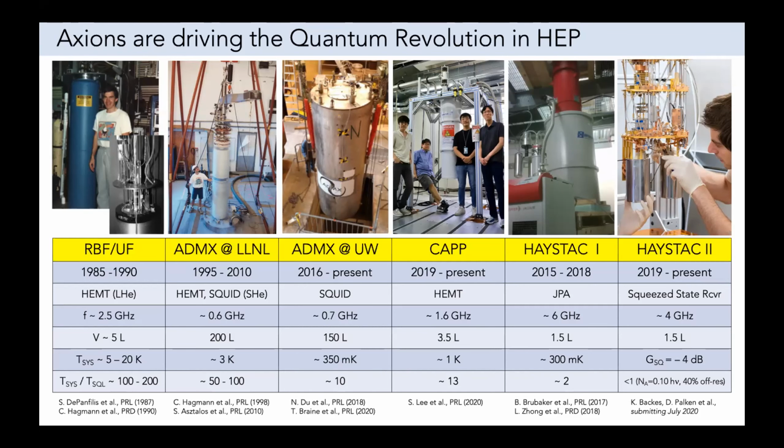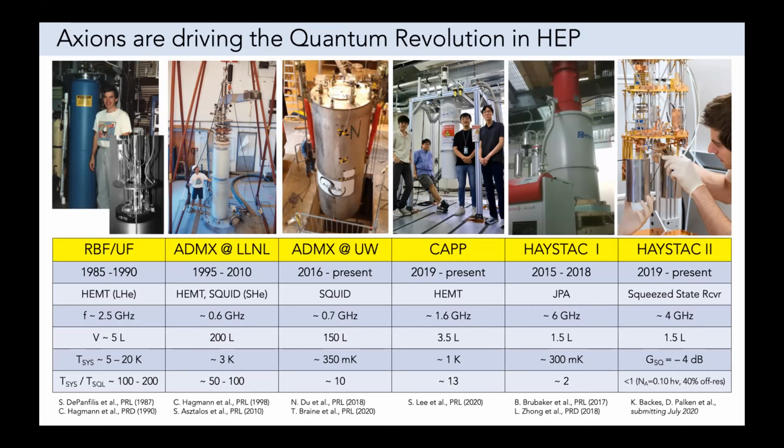The first experiments looking for the axion were in the late 80s, 1990. Pioneering experiments at Brookhaven in Florida were using transistor-based amplifiers where the system noise temperature was at least a factor of 100 greater than the standard quantum limit.